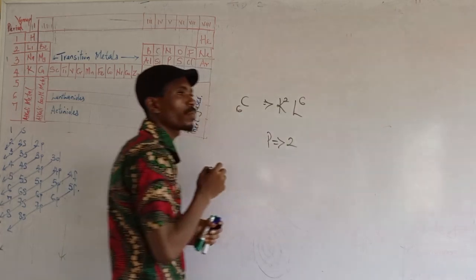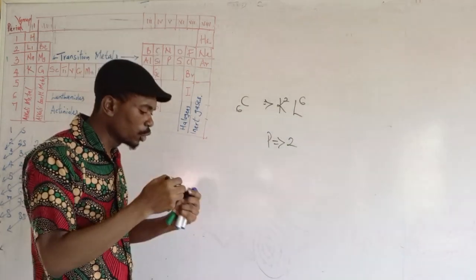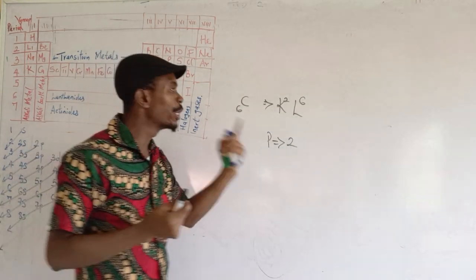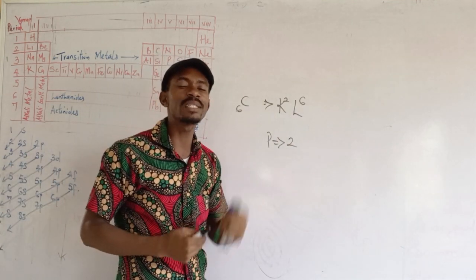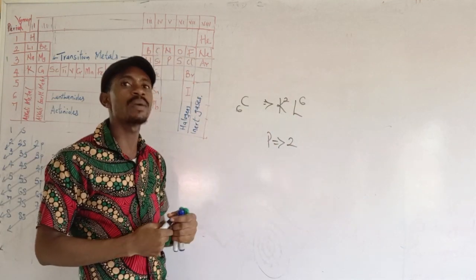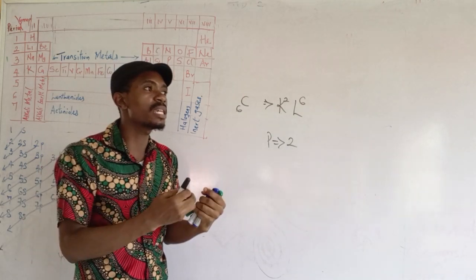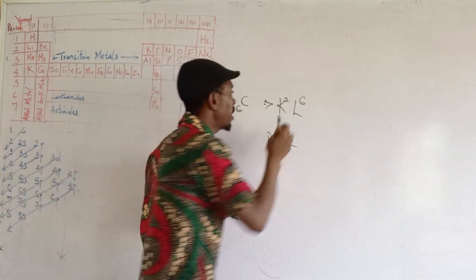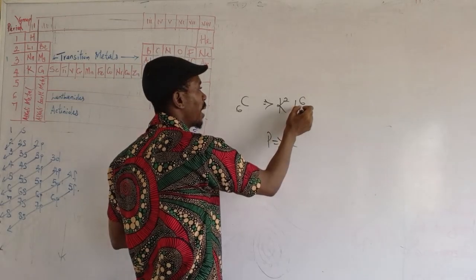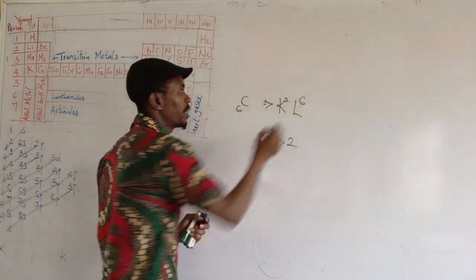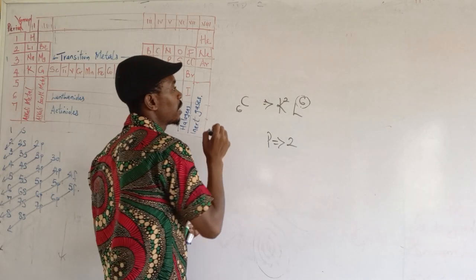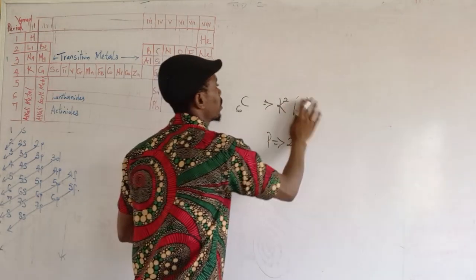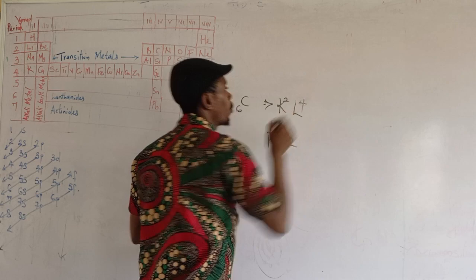Then let's now know the group. To know the group an element belongs to, we use the valence electrons. The valence electrons are the outermost electrons of an element, and that is what participates in reaction. So the valence electrons here for carbon, carbon has 6 electrons, so this is supposed to be 4, okay?